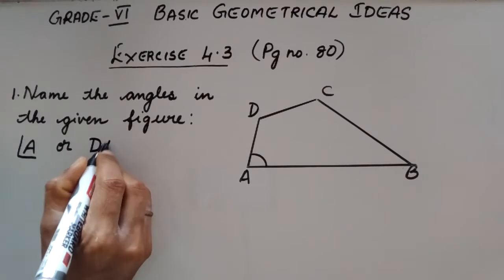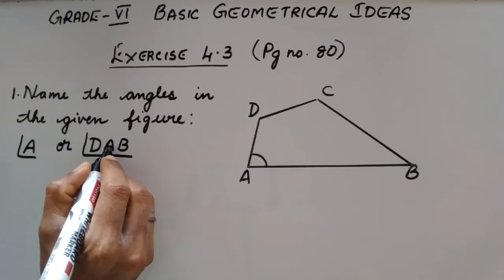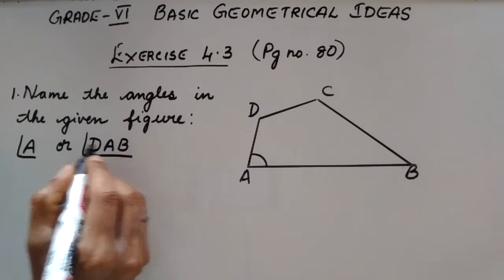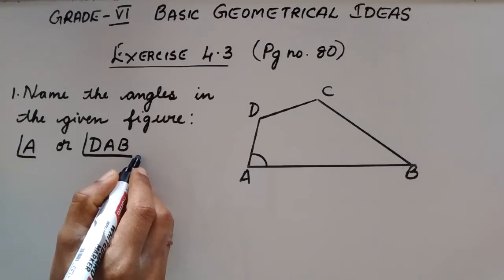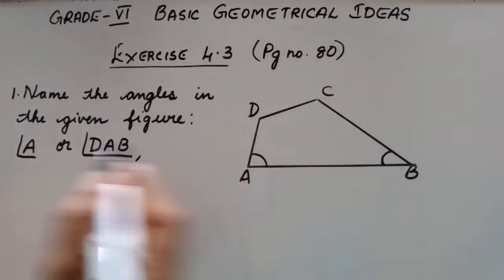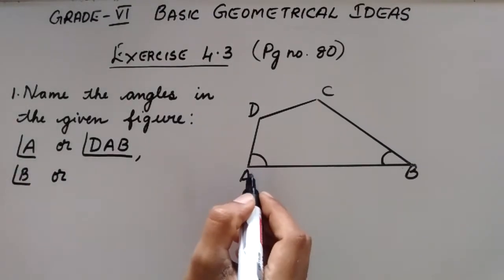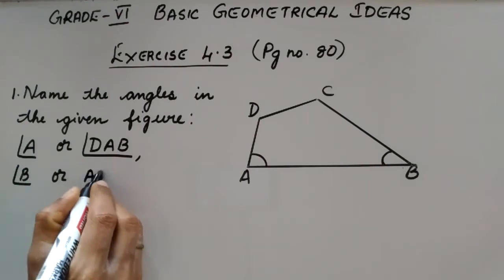Angle DAB. So here, since A is the vertex, it should be in the middle. Angle A or angle DAB. The next one is angle B, or I can write as angle ABC.